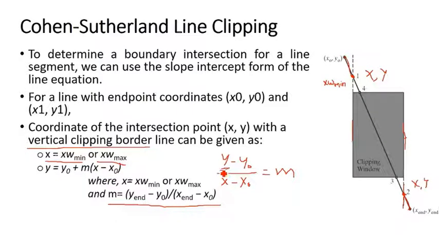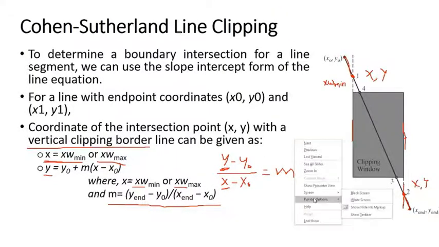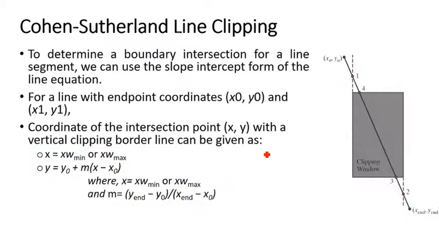My x will be known because if I am doing it with the left edge, then I'll have xw min here, or if I am doing it with the right edge, then I'll have xw max here. So using this relationship, I can calculate y, and depending on whether I am clipping with respect to the left edge or right edge, I can easily find the y coordinate value of the clip point.